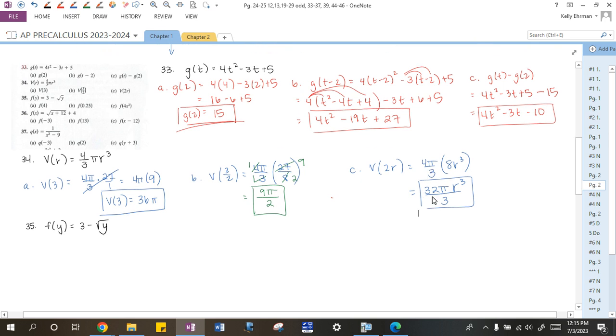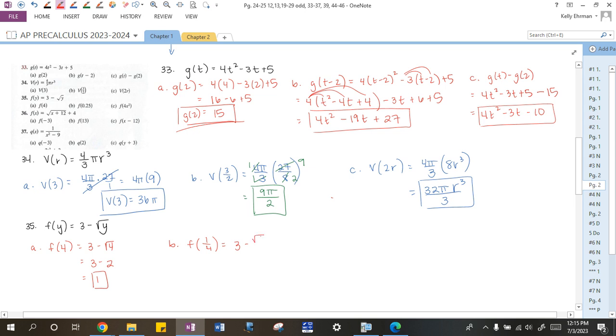All right, for 35, we've got f of y, and for part A, we're finding f of 4. 3 minus square root of 4, that's 3 minus 2, so that's 1. f of 0.25, I would prefer to think of this as 1/4 because there's a square root involved, and I think it's easier to square root a fraction.